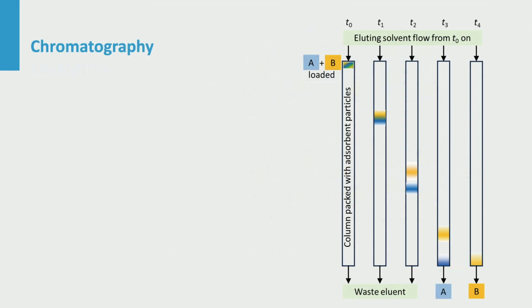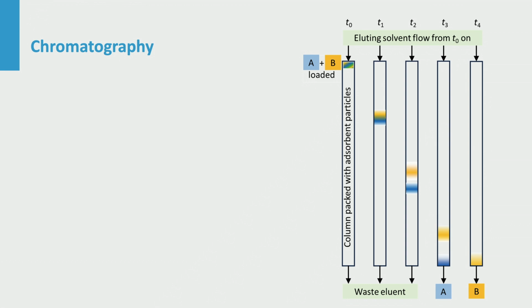For adsorption processes, chromatography is an important operation mode to separate complex molecules from each other. For example, proteins. A mixture to be separated is loaded on the first part of the column, relatively much as compared to analytical chromatography.